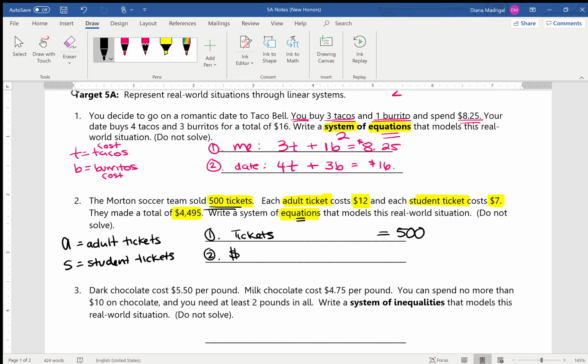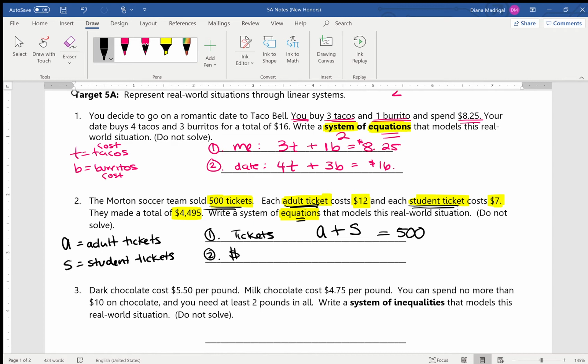And those 500 tickets are from adult tickets and student tickets. Do I know how many adult tickets or student tickets I am going to have? No. So there you go. A plus S equals 500. That's the first equation. Again, you don't know how many adult or student tickets you're going to have. All you know is that you're going to have 500 tickets in total.